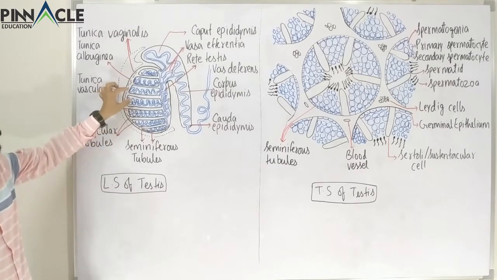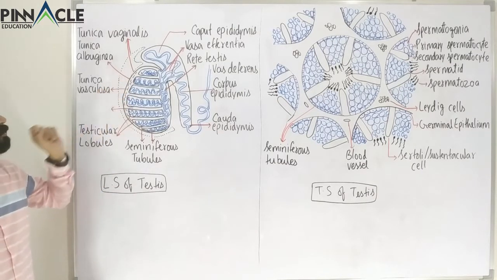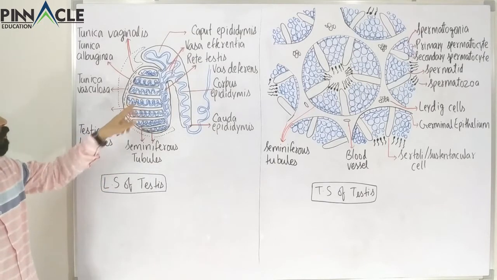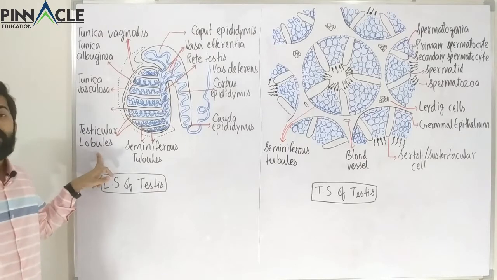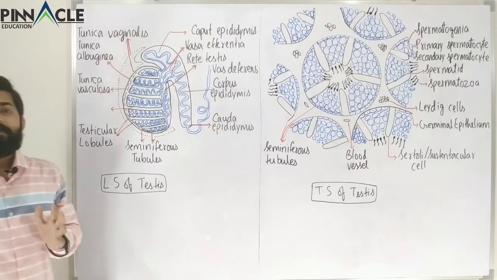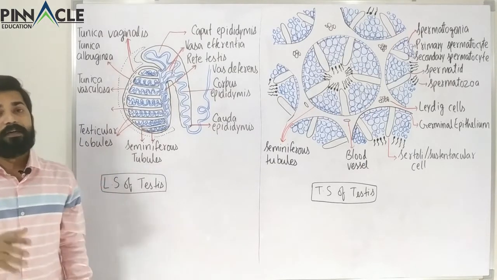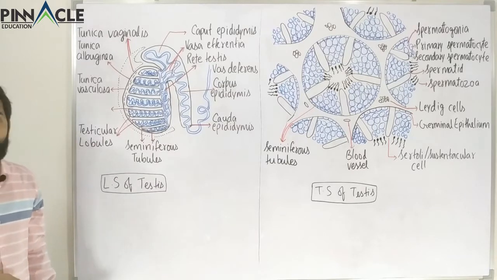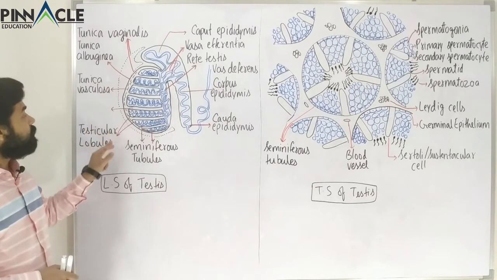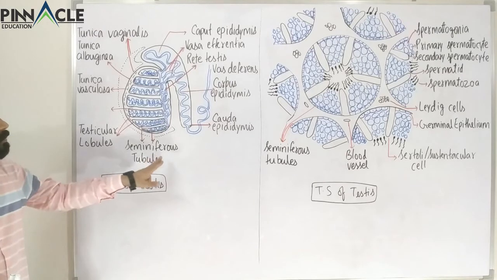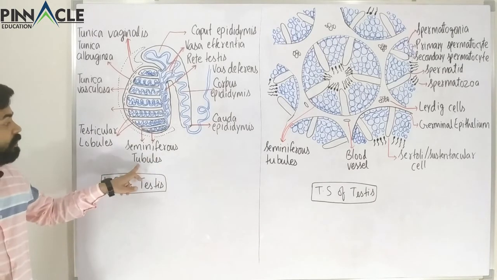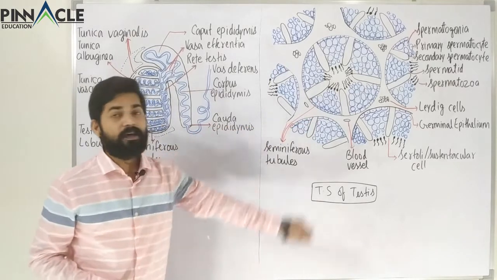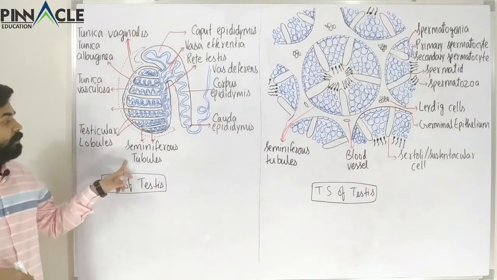Beneath these compartments we are going to study the seminiferous tubules. Approximately a testis has 200 to 250 testicular lobules, and inside these testicular lobules is the main structure, called the seminiferous tubule. This is the tubule that we are going to study over here.